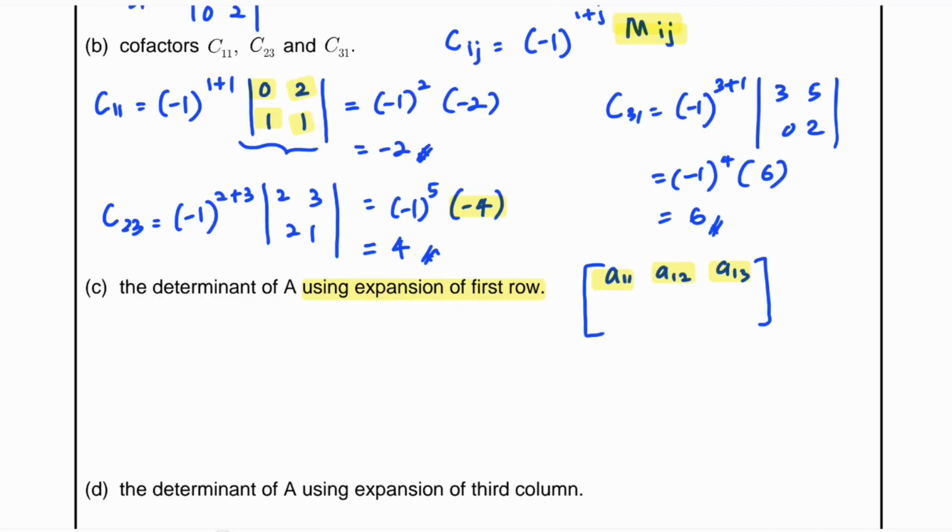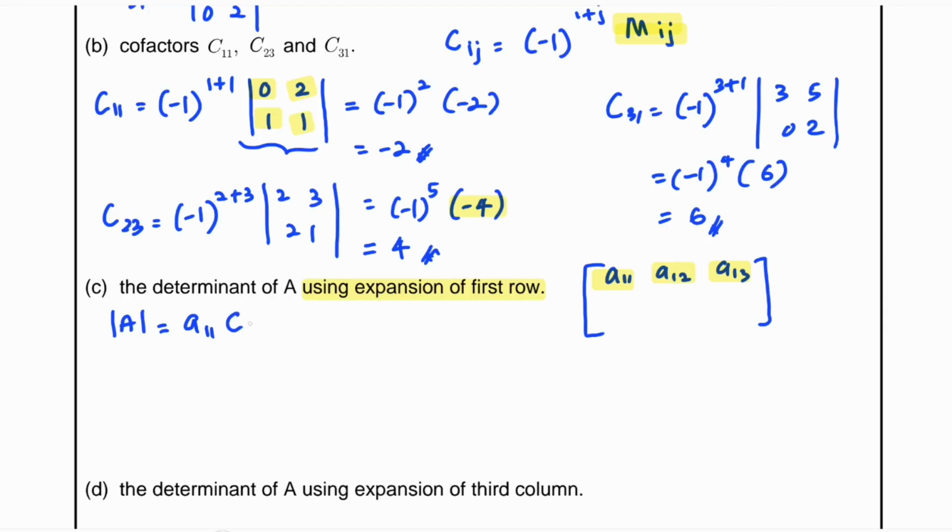Basically, to find the determinant of A, the determinant of A is the summation of the multiplication of entries with their cofactors. Since this is the expansion of the first row, the formula here is: the element itself multiplied with its cofactor.